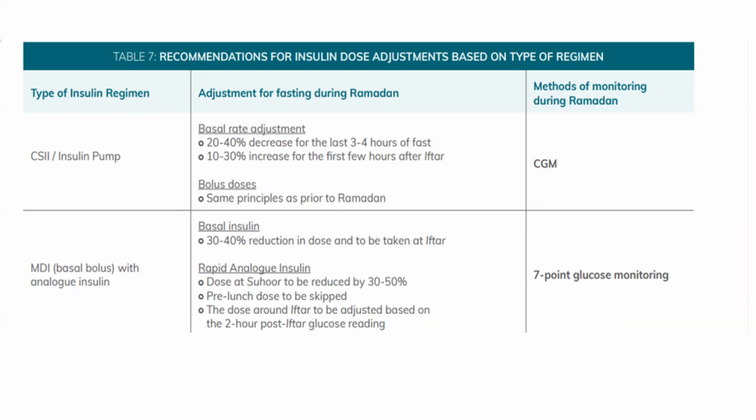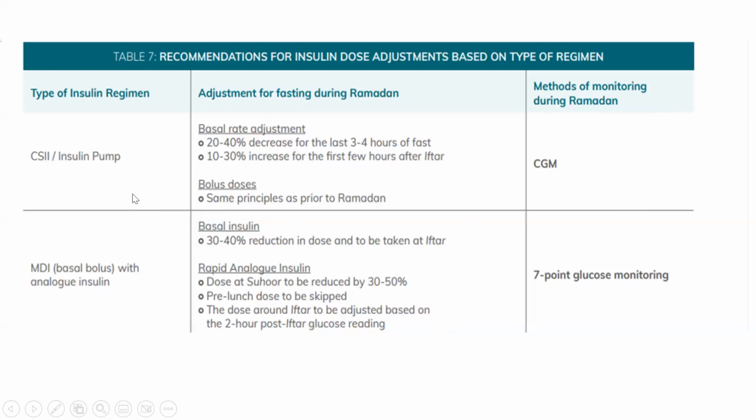The patient is planning to fast, and they will also mention the patient's HbA1c. So we'll take into consideration the risk of this patient. But many times they will not ask you about the risk. They'll ask you what should be done about their insulin doses during Ramadan. And that is all there in this chart, which we are going to discuss now.